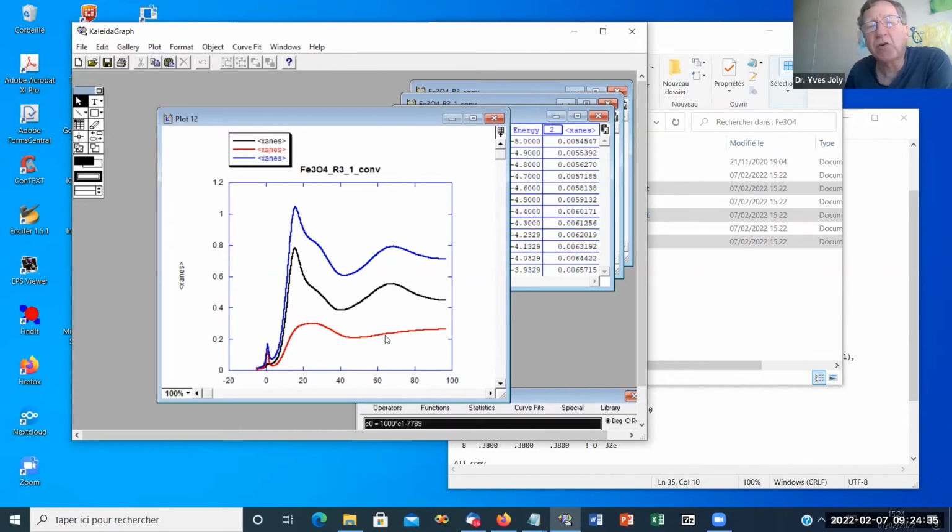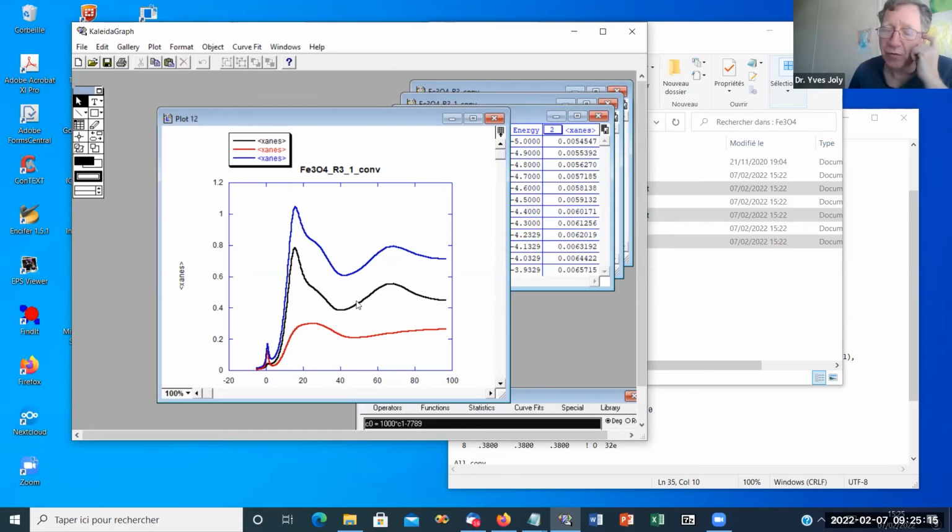It's the tetrahedral iron. And indeed, in the tetrahedra, you have no center of symmetry on the absorbing atom. There is one in the unit cell, but you have no center of symmetry on the absorbing atom. And so you have a big pre-edge if you compare to the main edge. Now you can see that the intensity for the cross-section is about 0.2 megabarn here, but here it's double.